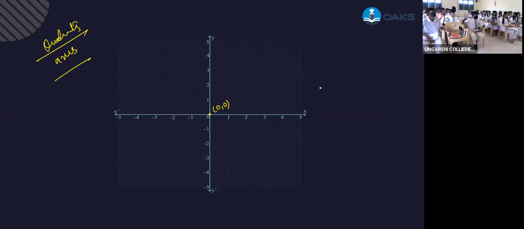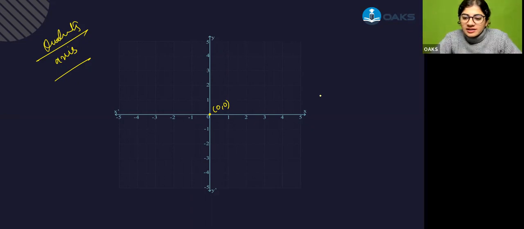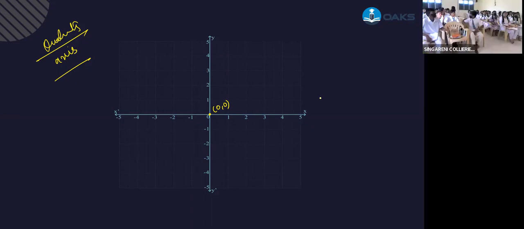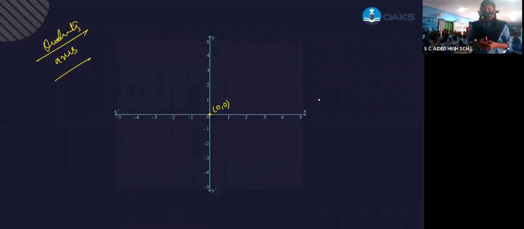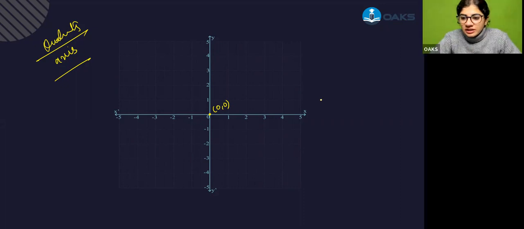Okay, so can you tell me in which quadrant this point is lying? Origin, ma'am. Origin, right? If you do not know the name origin, we only know quadrant and axis. So can you tell me in which quadrant and on which axis this point is lying?